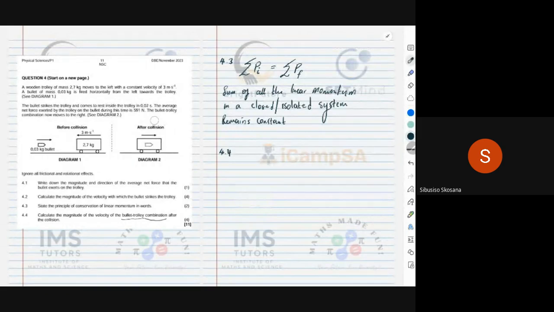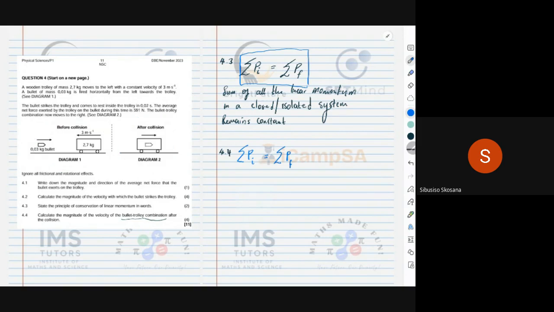We know we can use this to determine it. So what we are going to do here is say Pi is equal to the sum of Pf. That means the momentum here should be the same as all the momentum that is here.